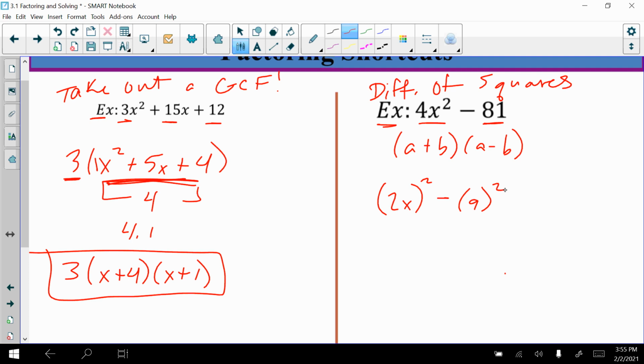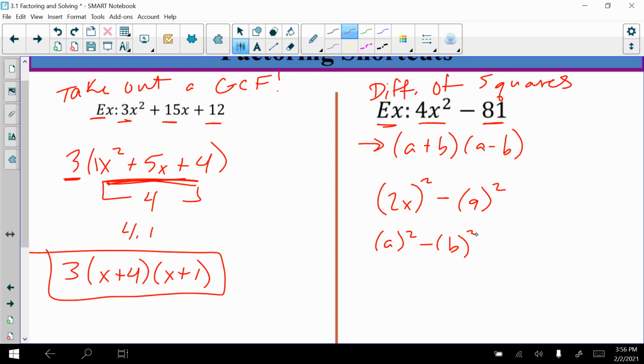So the square root of 81 is 9, right? So I'm just rewriting these things as something squared, trying to figure out what the square roots of these things are, all right? And now, here's where this equation comes back in. We think of this as a squared minus b squared.